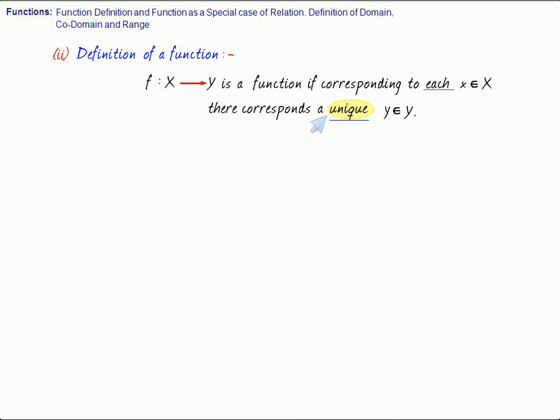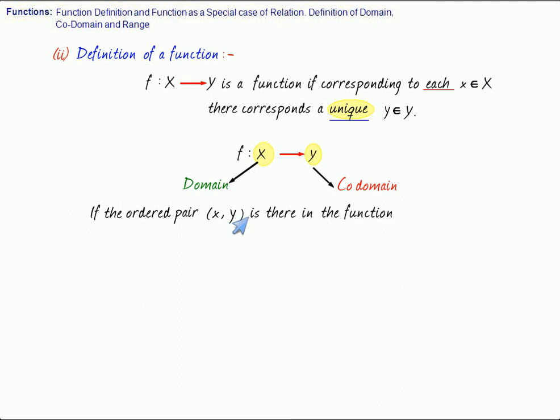So let us begin defining those terms. When F is a function from X to Y, then capital X is called domain, capital Y is called codomain, and if the ordered pair (x, y) is there in the function, then y is called image of x, and it is written as y is equal to f(x).